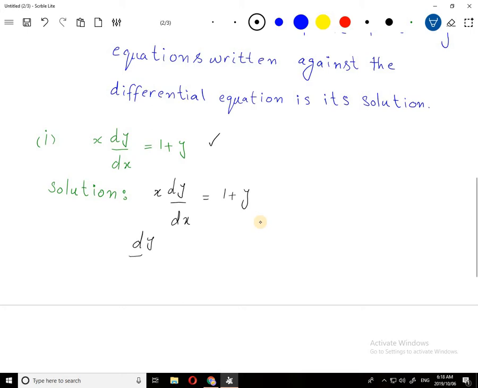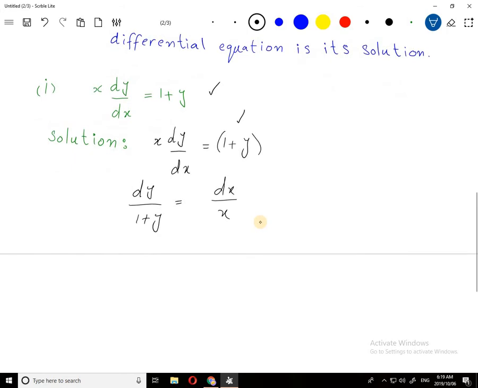So all variables that can be separated are taken to their respective sides. For example, 1 plus y can be divided here, and this x and dx can be taken to the other side.